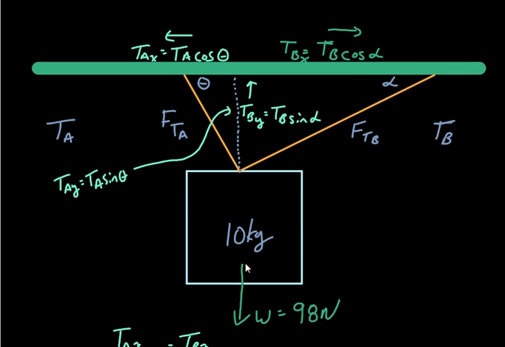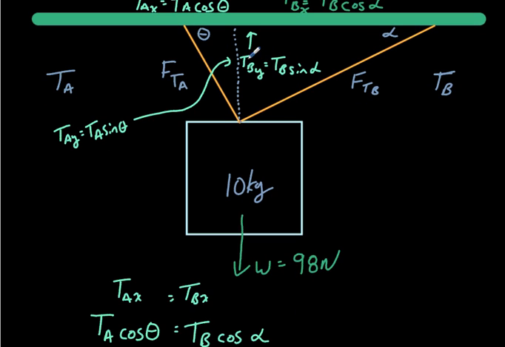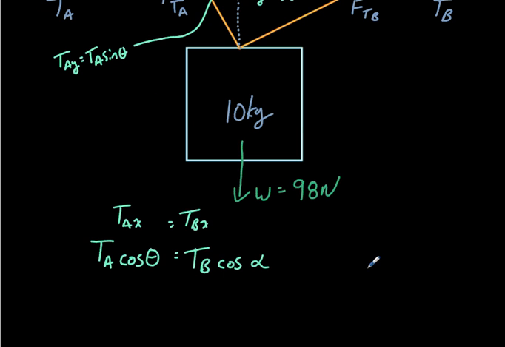Okay? And let's also talk about what's going on in the y-plane. Well, we have a downward force of 98 newtons. So the sum of TBY and TAY has to be equal to 98 newtons. So we can also say TAY plus TBY has to be equal to the weight. They are not equal to each other though.